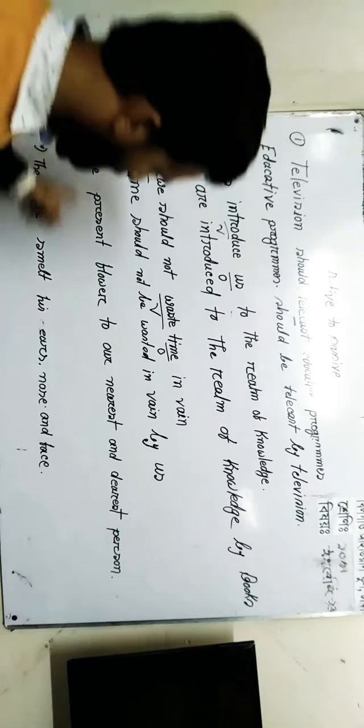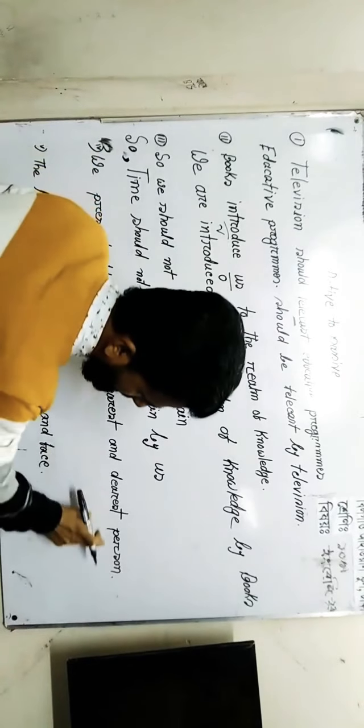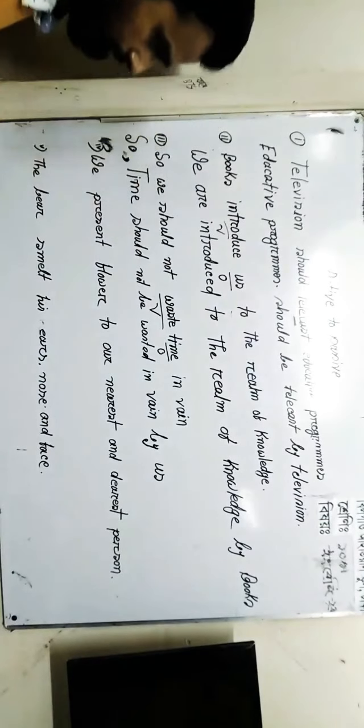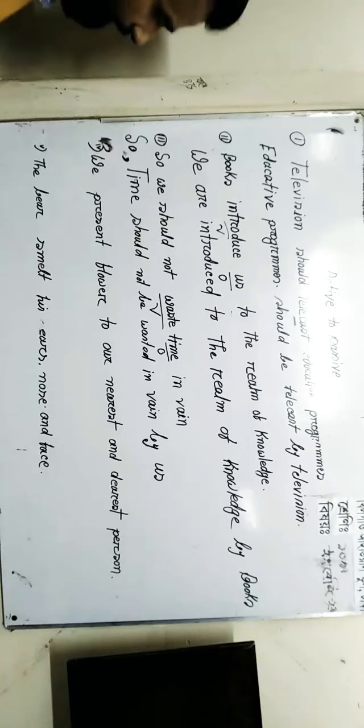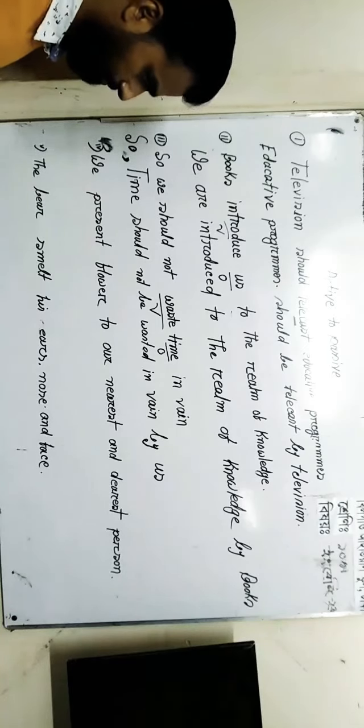Next example. "We present flower to our nearest and dearest person." You have to find out the tense. Which tense is it? If you find out the tense, you have to notice the verb. What is the verb in the sentence? This is the verb. Then you have to find the object. Is this the object?